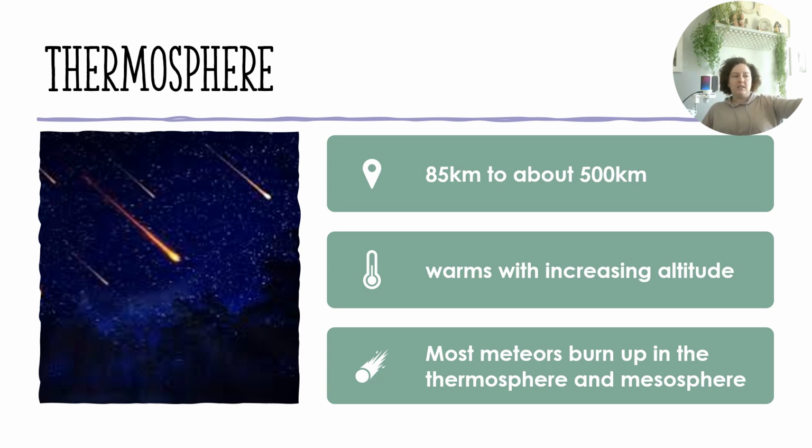Because this one is primarily there to break down meteors and other space debris and junk that's coming in toward our atmosphere, it increases in temperature as you increase in altitude, because it's burning up all this excess stuff, causing a lot of excess heat.